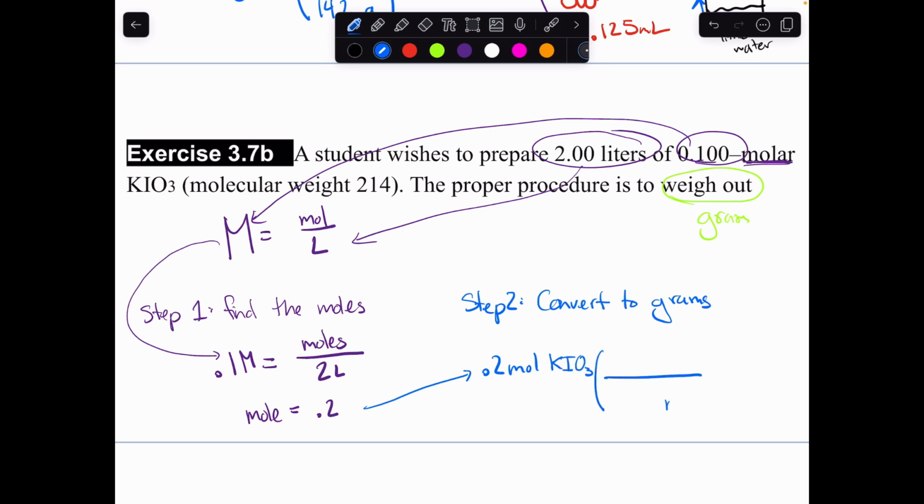So mole goes on the bottom, gram goes on the top. Once again, so nice they gave us the mass over 1, times that through, and that will give us how many grams we would dissolve to get the 0.1 molarity.